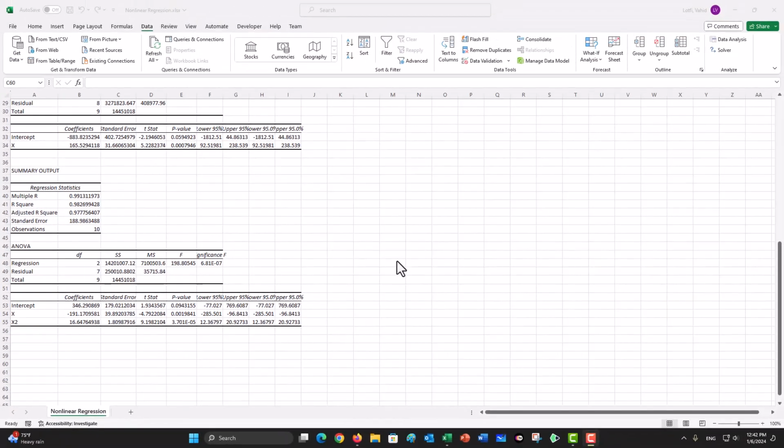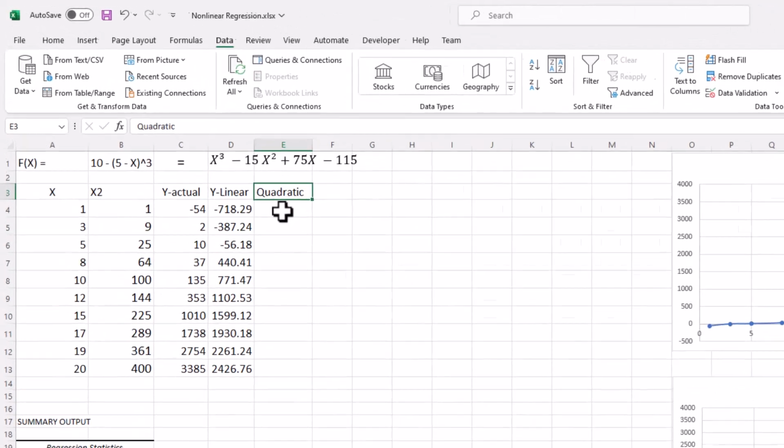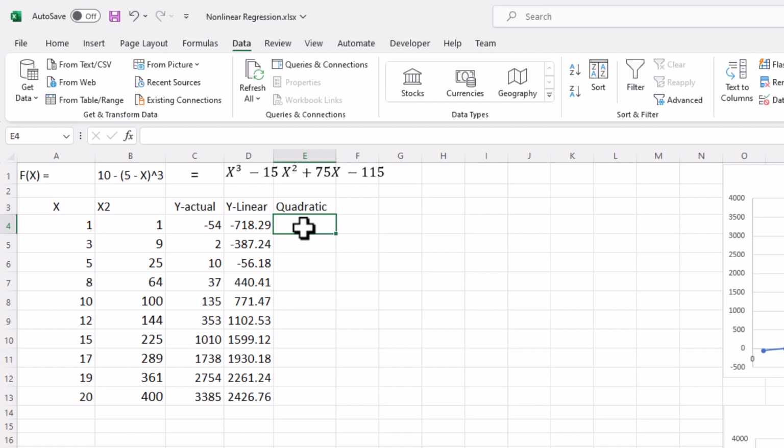So I'll go back up to the data and put quadratic here. Let me widen the column a little bit. Okay, and I'm going to start putting the formula here.